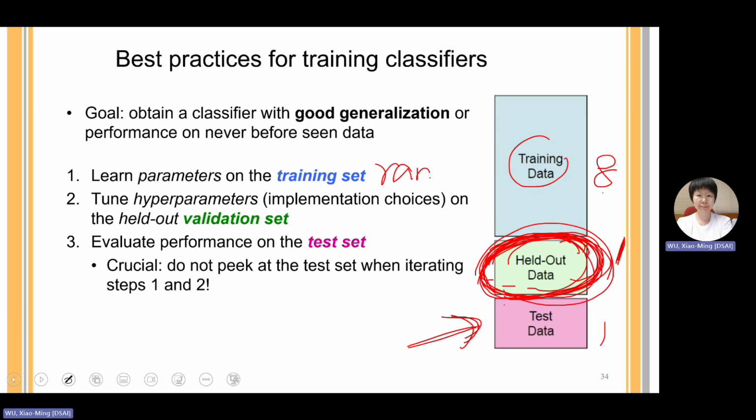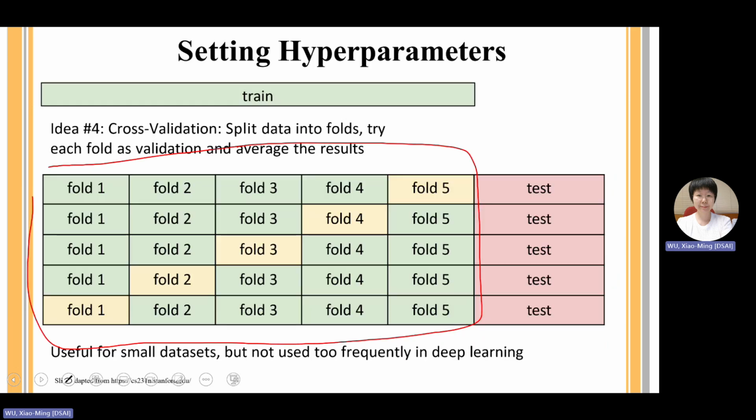So if you are unlucky, this set of data may not be representative enough for your model selection. That's why we can iterate through the training set and evaluate our model using all the available training data, so we can select the hyperparameters.